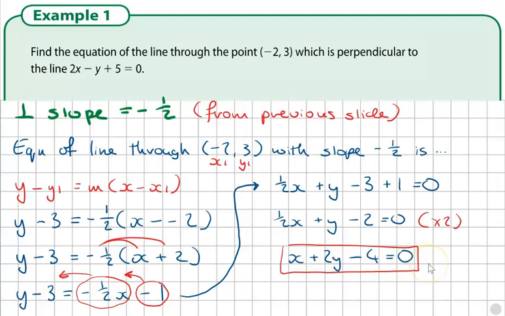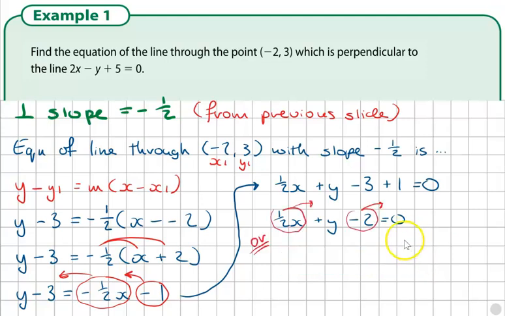Now, if you wanted it in the form of y equals mx plus c, so we just want the y on its own, we can go back to this step and carry the half x over, and it will become minus a half x. And we can carry the minus 2 over the equal sign, and it will become positive 2. So we end up with y is equal to minus a half x plus 2. So either answer will do.